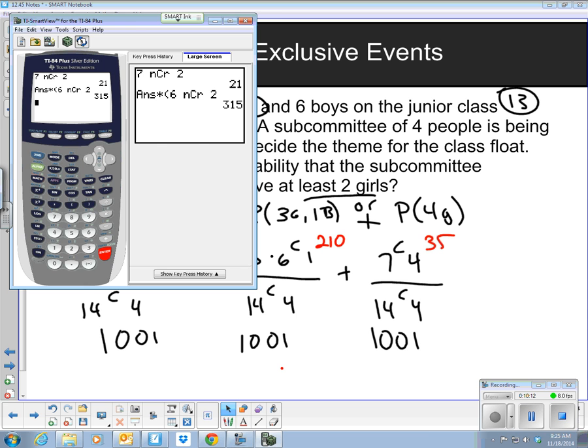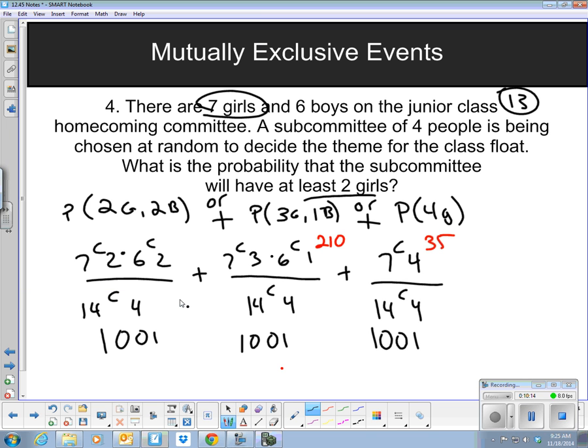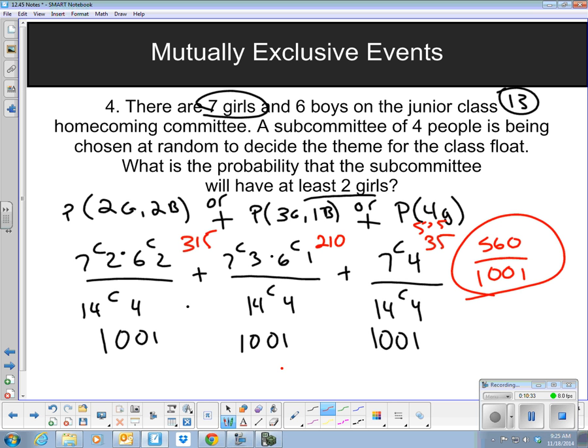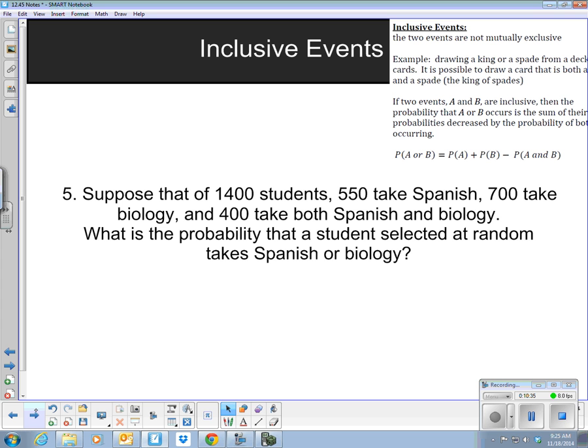That's going to be 315. So what you're going to have is this. Those three added together: 315, 210, and 35. So 315 and 210, that's going to be 525, plus that, that's going to be 560 out of 1,001. So a little bit more than a half a chance you're going to have that situation.